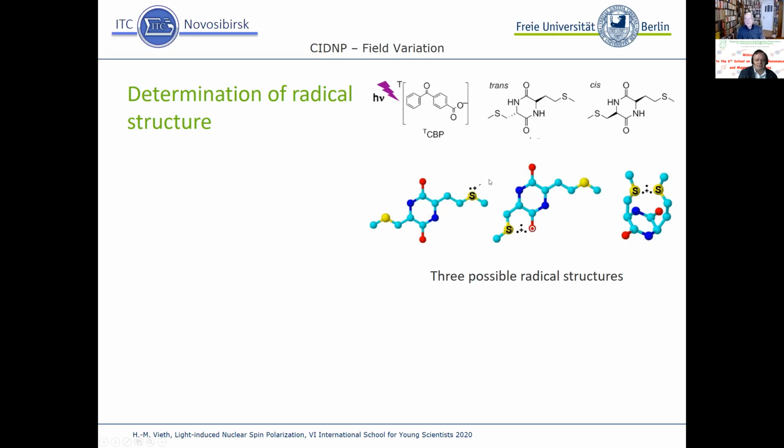And when the methylcysteine is in a cis form, you get a 3-electron bond, which has a particular G factor, and you can distinguish it in the trans form, where you have a 1-center 3-electron bond between an oxygen and in the middle a sulfur and an oxygen, and on the left in the trans you have a 1-center 1-electron radical, and all 3 radicals have different G factors, and that's why they have different maxima in their CIDMP field dependence.